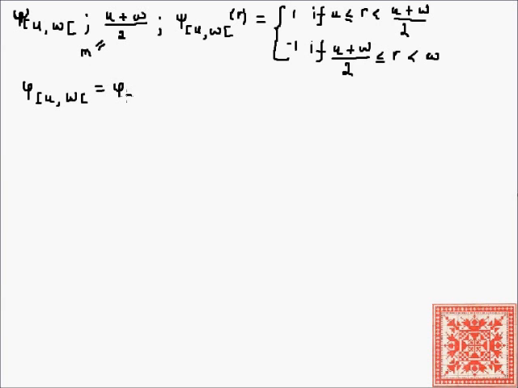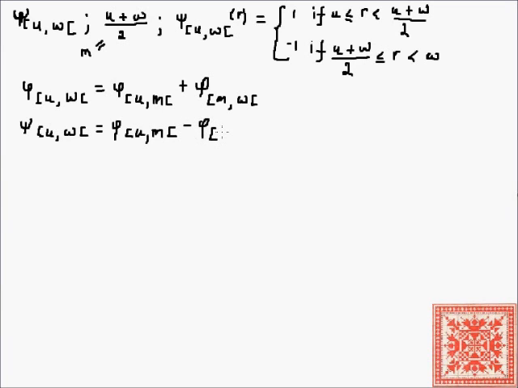Then we can define phi from u included to w excluded as phi from u included to m excluded plus phi from m included to w excluded, and psi, the wavelet from u included to w excluded, is going to be the difference of phi from u included to m excluded and phi from m included to w excluded.